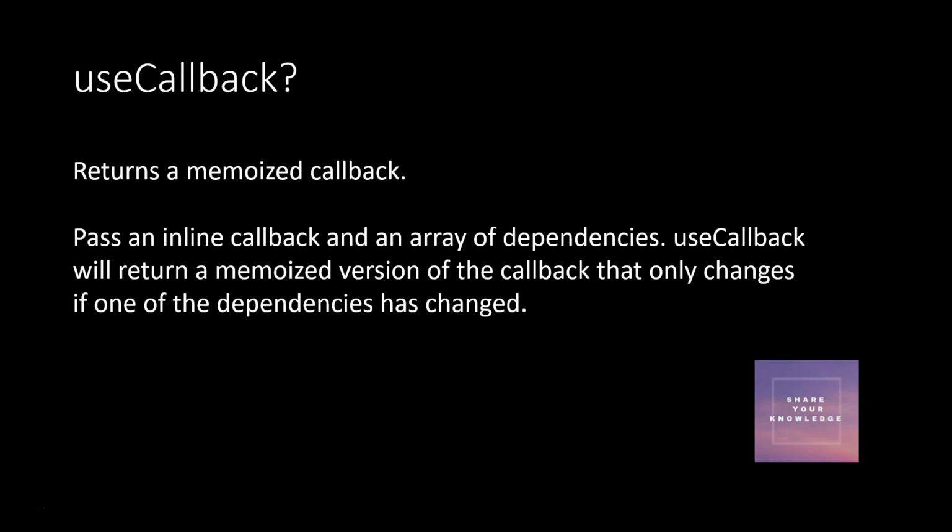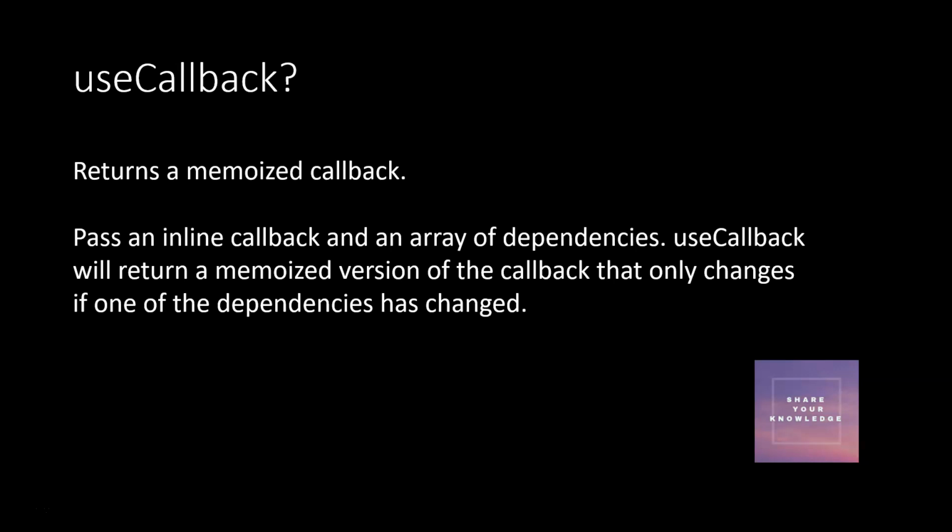So what useCallback does is you specify a dependency in useCallback also. If the dependency changes only, it will create a new object for the function. Else it will return the old function object. You understand?